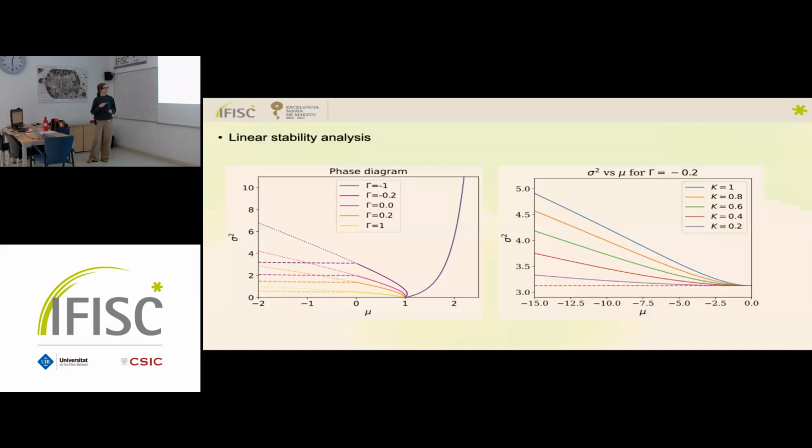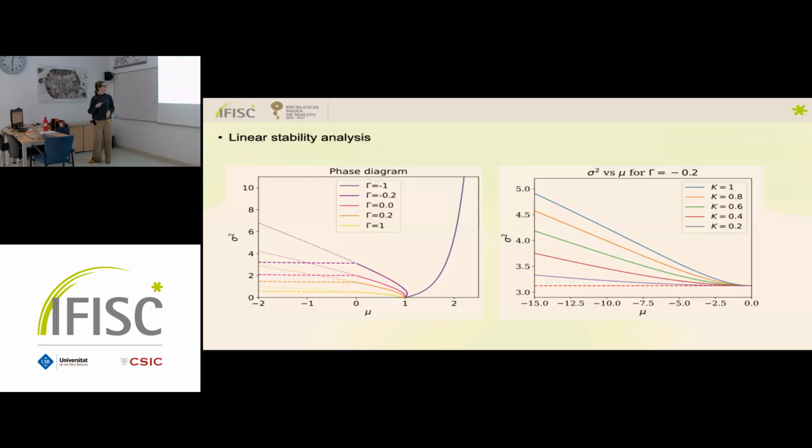Why I put in here these dotted lines is because below the striped lines, our system reaches a fixed point. Above the striped line, but below the dotted lines, the system is in a multiple fixed point state. And above this case, the system does whatever it wants.